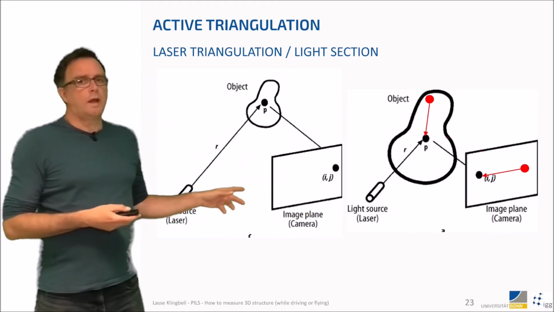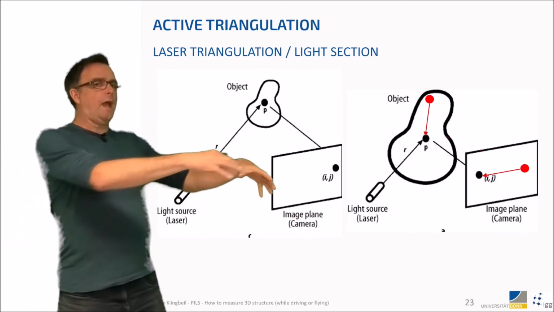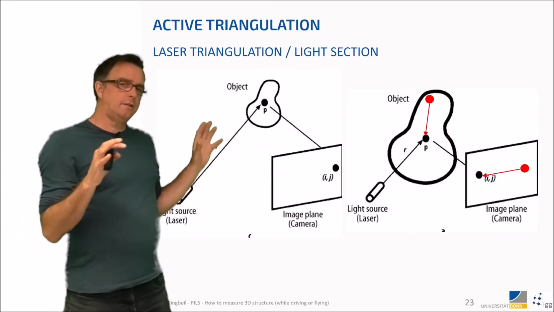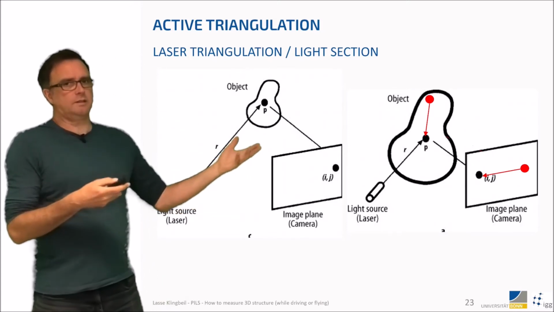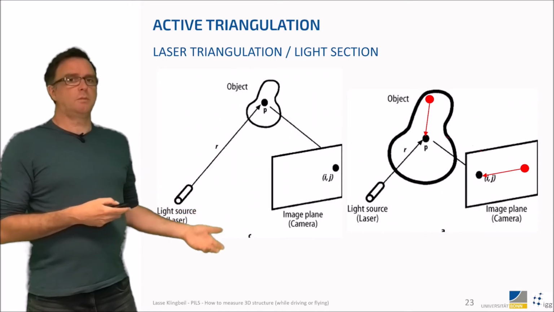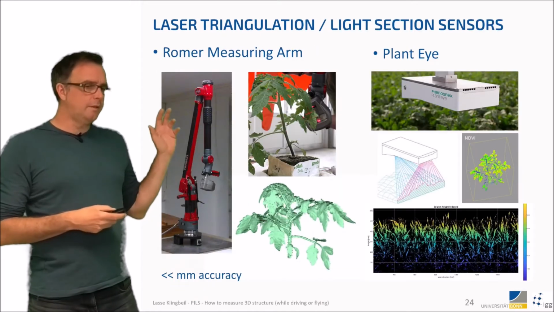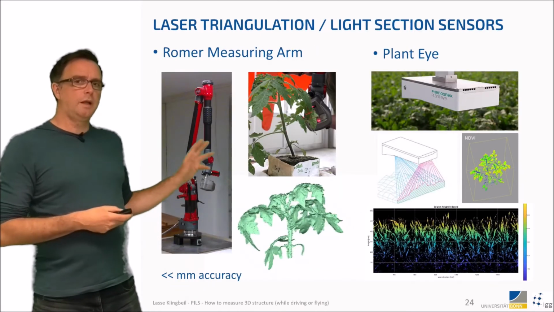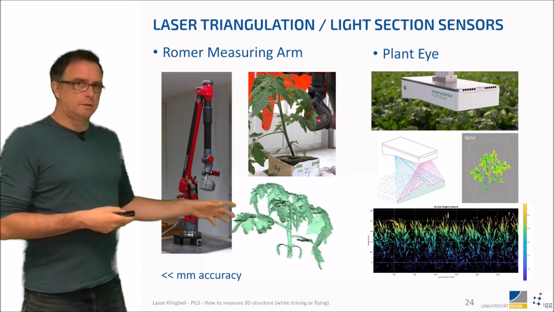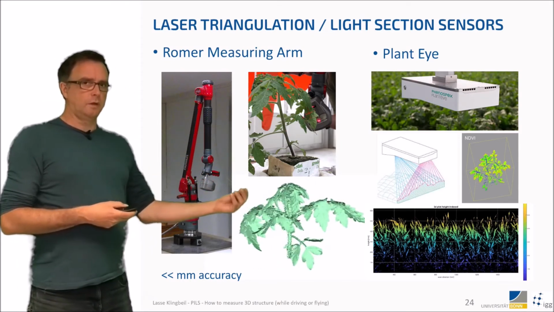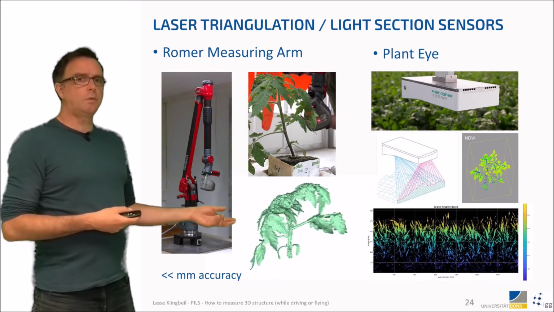You can also have a light source emitting light and then combine it with passive stereo, meaning that you have two sensors, but that's just an extension, with the same principle behind it. This type of sensor is used, as I already said, in this very accurate laser scanning system which was used to generate those super high resolution plant point clouds.